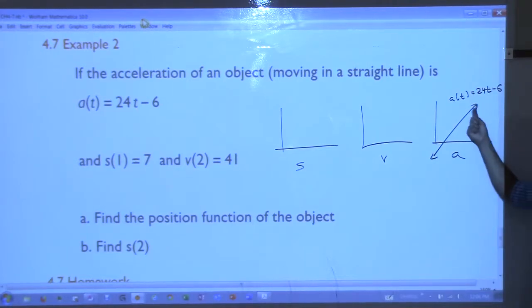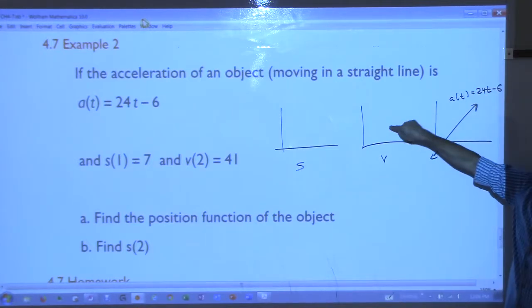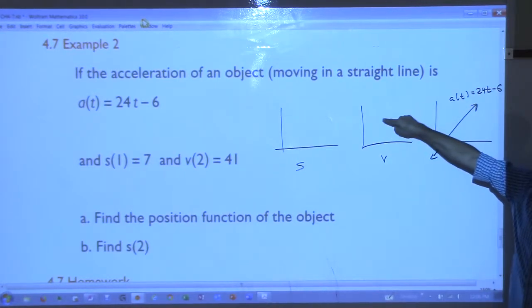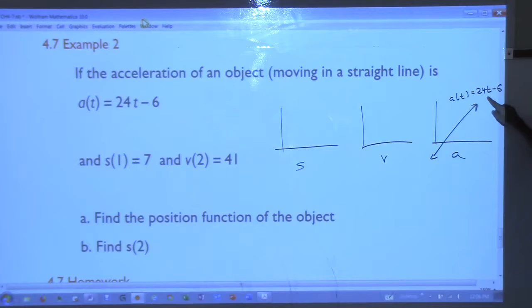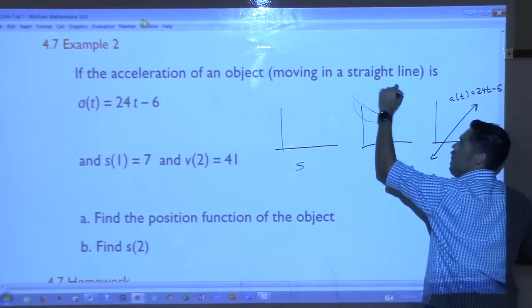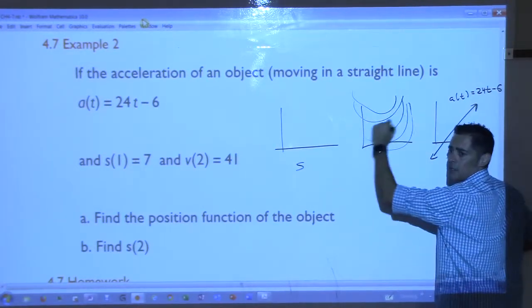If I want to go back to velocity, what type of function am I going to get? The antiderivative of a linear function should be a parabola, shouldn't it? Because the power is going to come up. So the antiderivative gives me a family of parabolas.